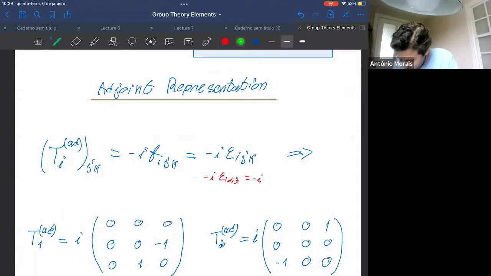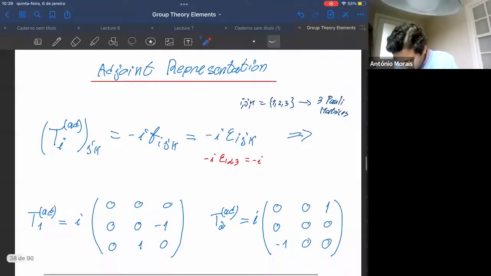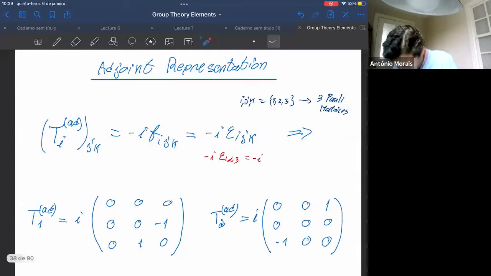So I can write down here i, j, k run from 1, 2, and 3. This is because we have 3 Pauli matrices. That's why the dimension of these matrices in the adjoint representation is 3 by 3 and not 2 by 2.